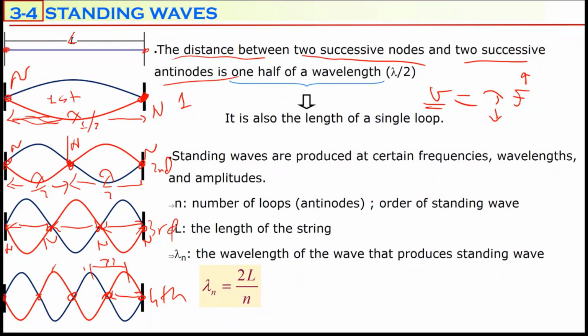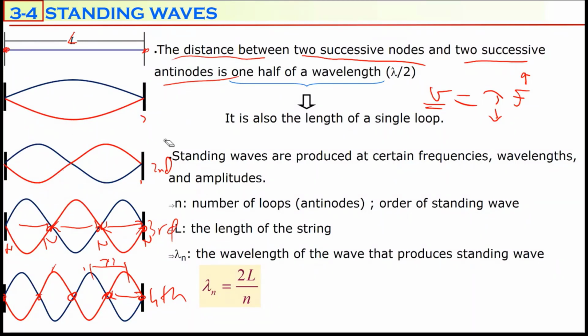And as I said, standing waves are formed at specific frequencies and specific wavelengths, not at every frequency, not at every wavelength. And I gave an equation. This equation tells you at what wavelength you can produce a standing wave.